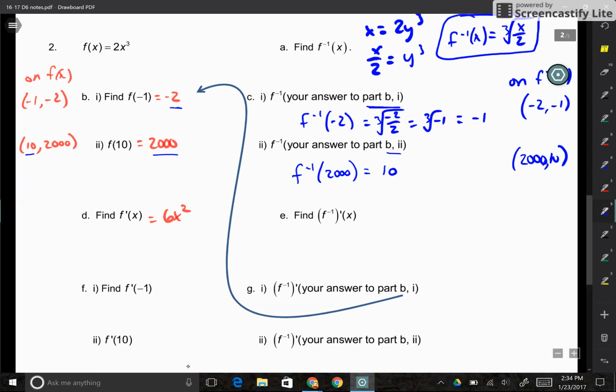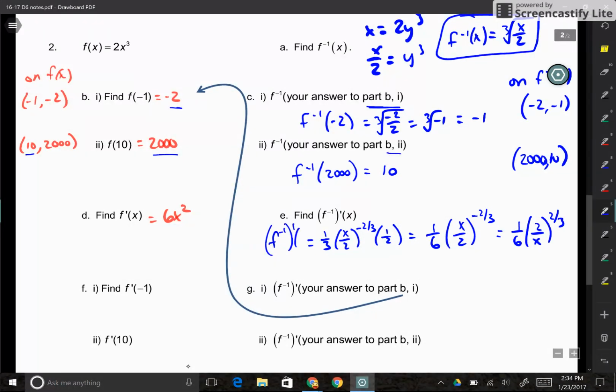That would be 1/3 times x over 2 raised to the negative 2/3 power, multiplied by a 1/2, so I'd have 1/6 times x over 2 to the negative 2/3 power, and that just looks nasty. If you wanted to take the negative out, you could flip the 2 and the x upside down, so 1/6 times 2 over x raised to the 2/3 power. All right, so that is a terrible derivative. So here's your f inverse prime of x.